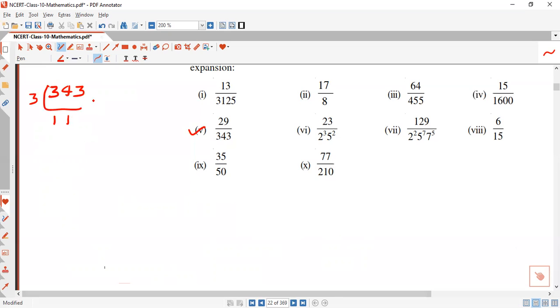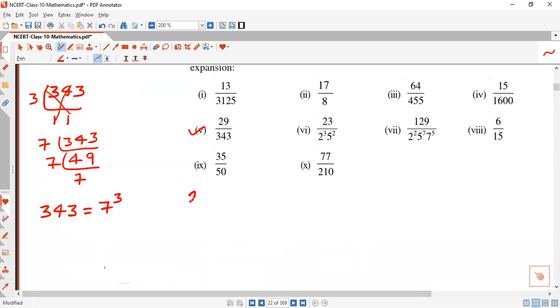It cannot be divided by 3, so the 3 is not a factor. 5 cannot divide it either. Now we look at 7. 7 times 4 is 28, 7 times 9 is 63, so 7 times 7 times 7. 3 sevens are there. 343 can be written as 7 raised to 3.